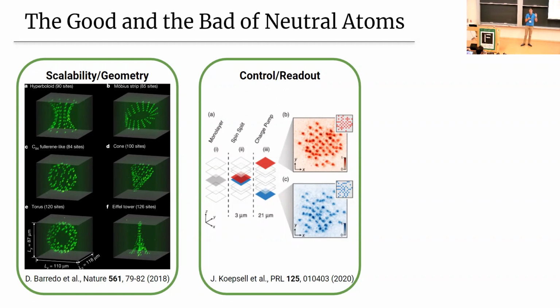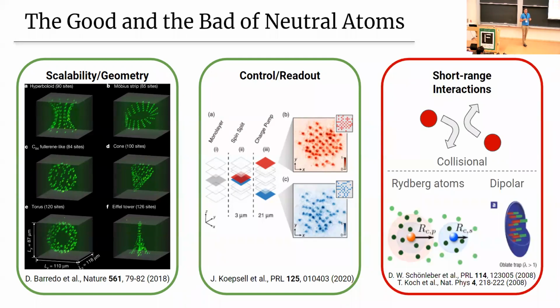But now there always comes the downside of neutral atoms. If you want to simulate something interesting, you want interactions that are interesting. And typically, neutral atoms are very weakly interacting; most of them just interact via short-range collisional interactions. And you have to do some fancy tricks to get them to interact more.